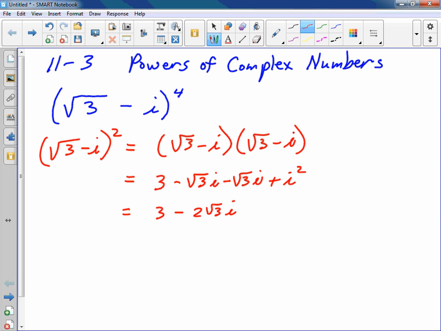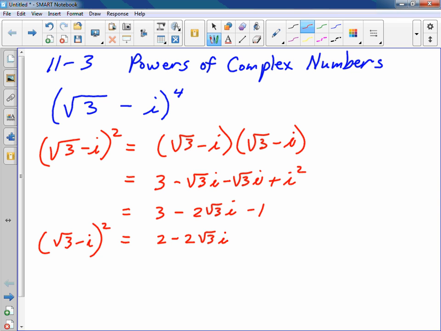And i squared, of course, is just negative 1. And so one final step we can say then that is 2 minus 2 square roots of 3 i. Okay, and remember that equals the square root of 3 minus i squared.